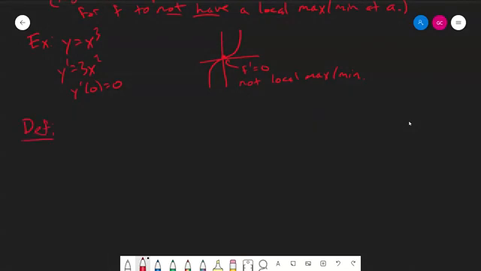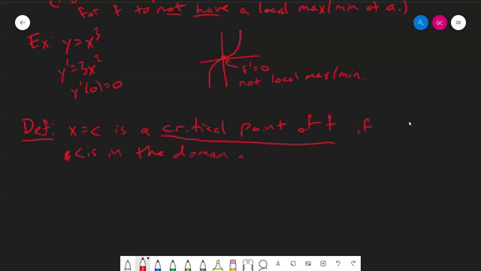We say that x equals c is a critical point of f, first of all, if c is in the domain of f, and if f prime of c is 0 or undefined.